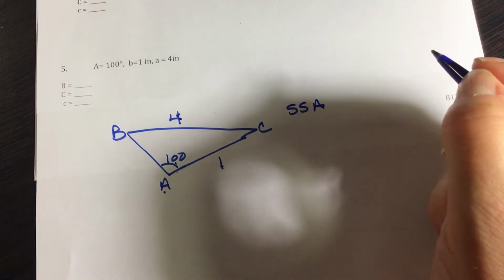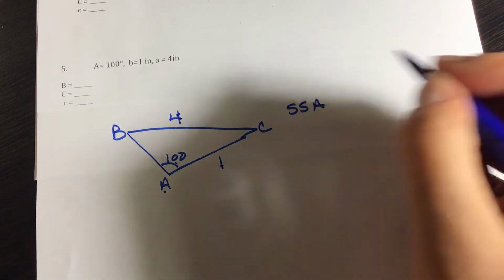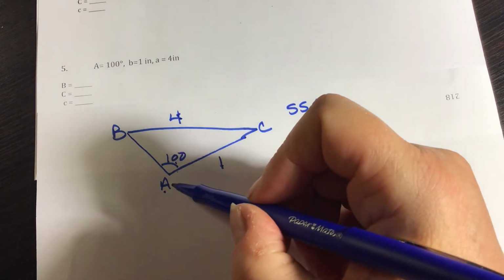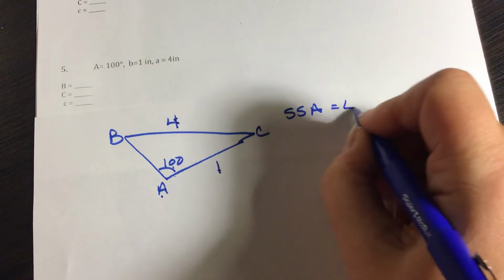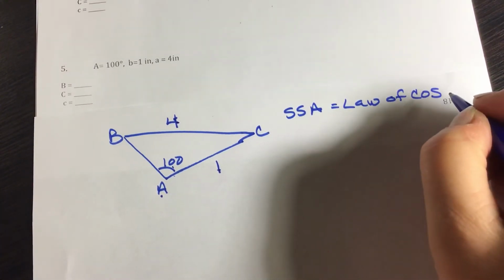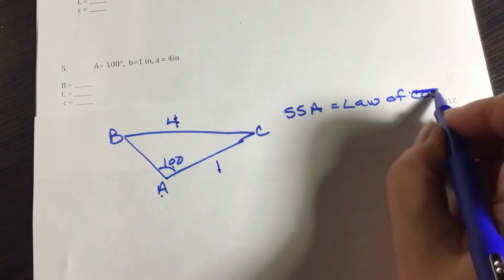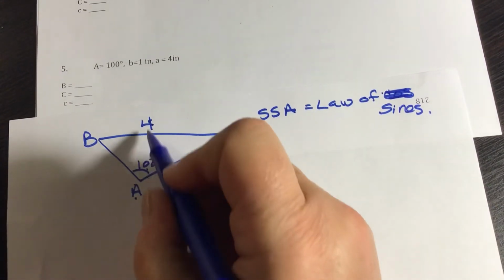All right, so here I can do law of sines again on this one, I think. Nope, I need to do law of cosines. Nope, I can do law of sines. Sorry. So I'm going to do law of sines because I have a ratio here.